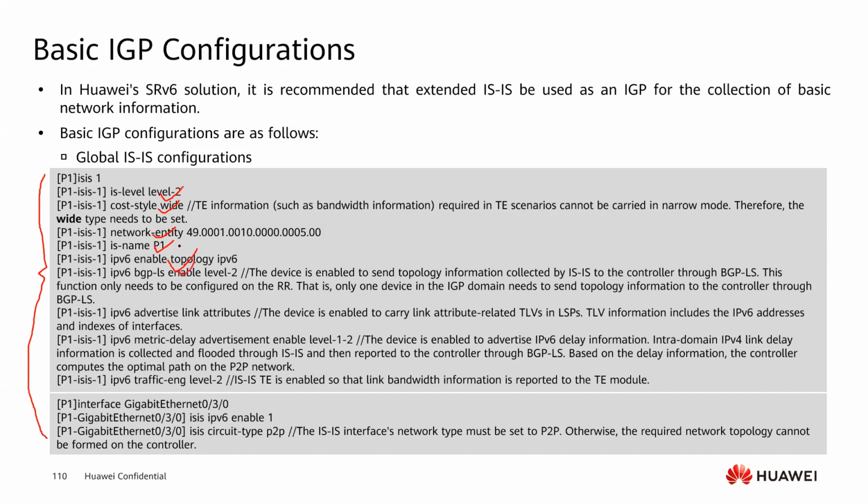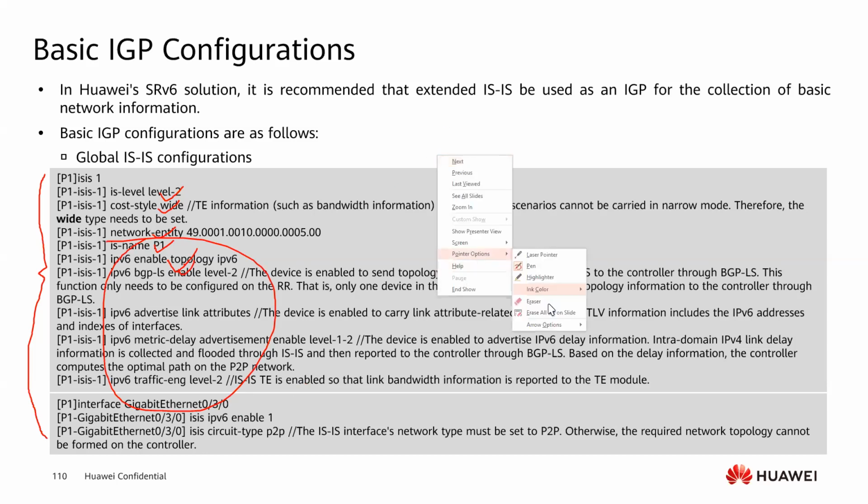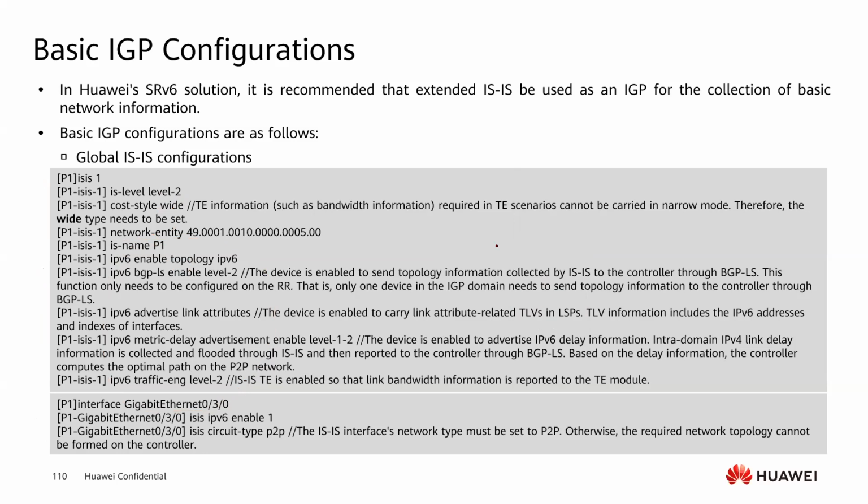But if we just configure the SR policy statically and manually, a lot of this configuration is not needed. Most of the time, especially for this part, it's just for NCE-IP, because I want to let the NCE-IP know my situation and my topology.